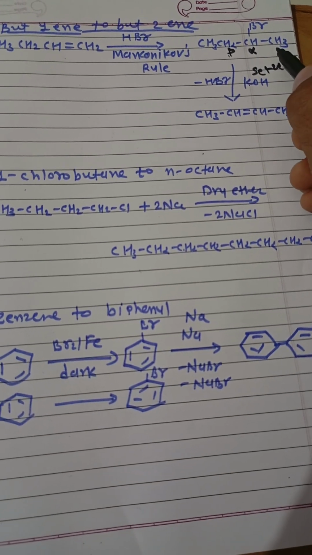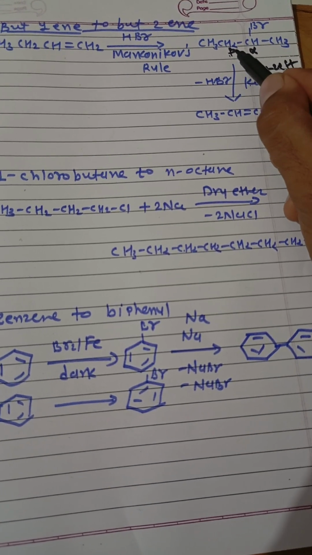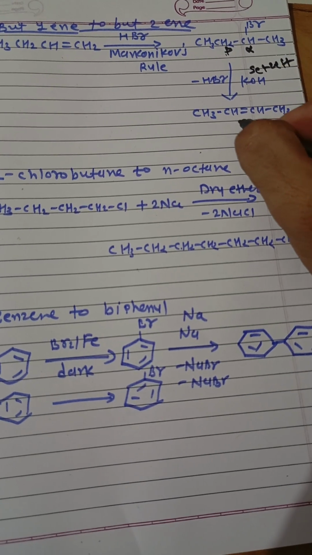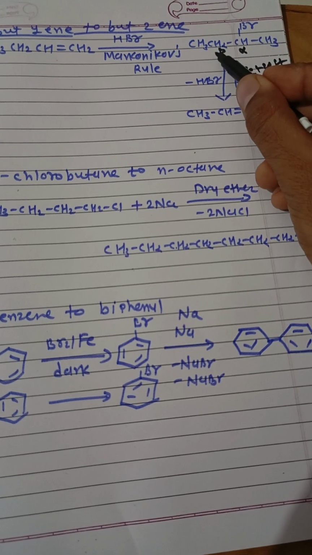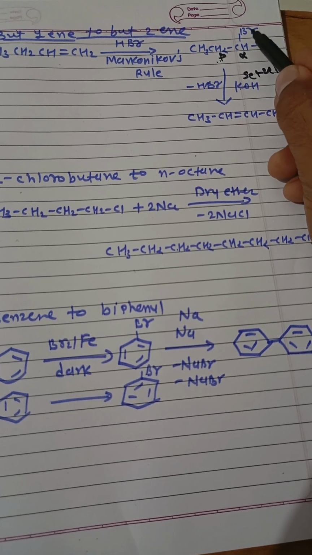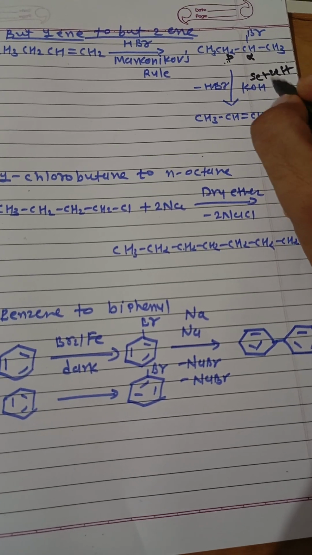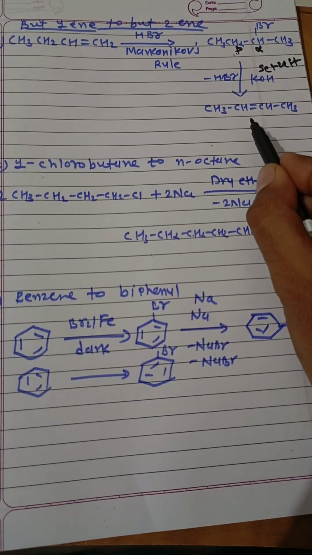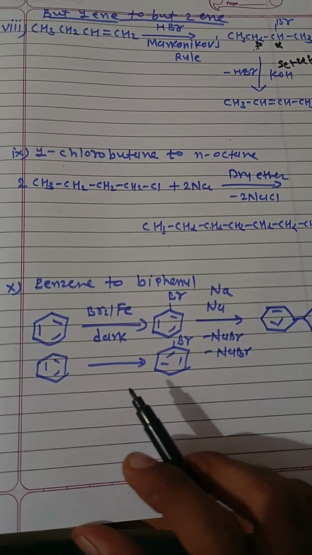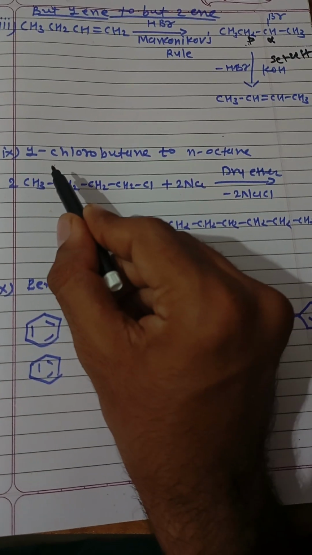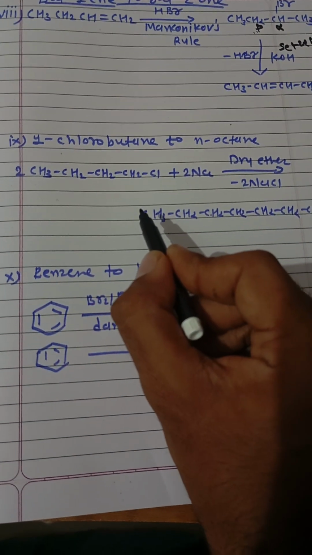Both sides have beta carbons, but preferably the main product is the one with the longer carbon chain. So the double bond is present; we remove hydrogen from the beta carbon like this, and bromine from the alpha carbon. Due to dehydrohalogenation we get our final product, but-2-ene.